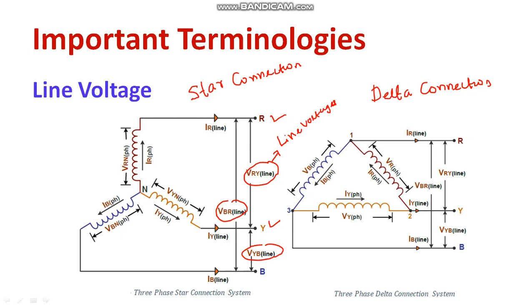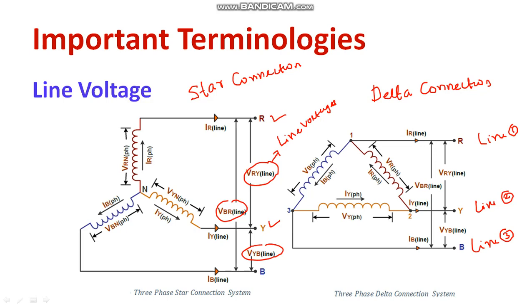If I mention the delta connection, that is also the same. Look at the line. This is line 1, this is your line 2, and this is your line 3. Correct? Now please refer to the diagram.